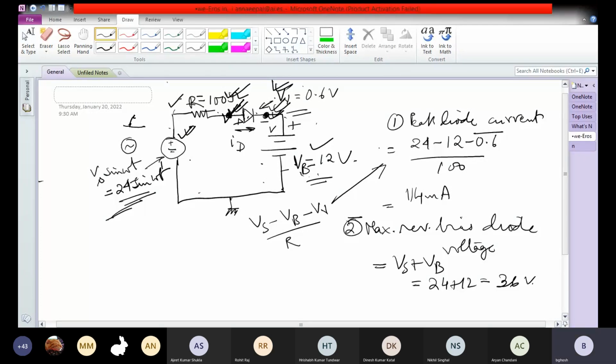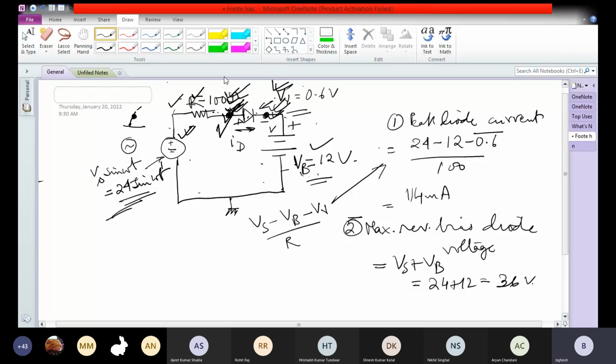The moment the voltage at this point reaches 12 plus 0.6, the diode just starts to conduct. At that point, there is almost no drop across R, so the current is 0. So when 24 sine omega t1 reaches just 12.6, the diode will start to conduct.